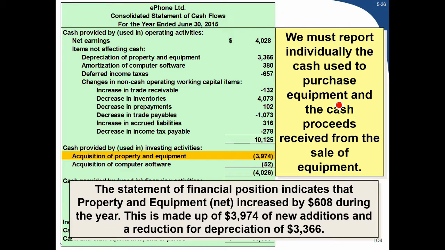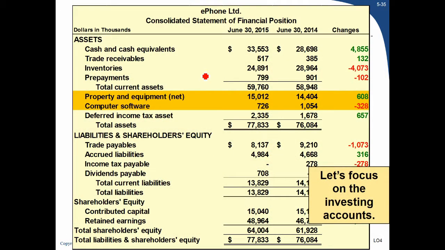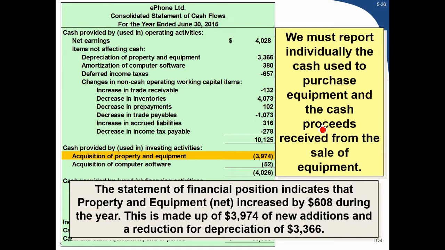So how did we get this 3974, acquisition of property and equipment? It makes sense that when we acquire plant and equipment, we're losing cash: credit cash, debit property, plant, and equipment. But if we look at the statement of financial position, we see that property, plant, and equipment has increased by 608. So how did we figure out that we actually spent 3974?